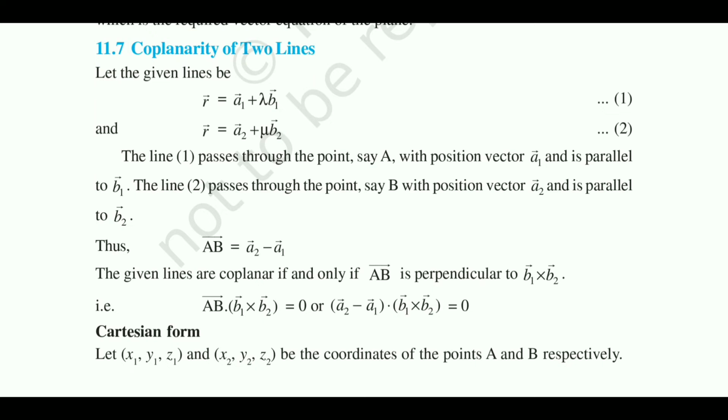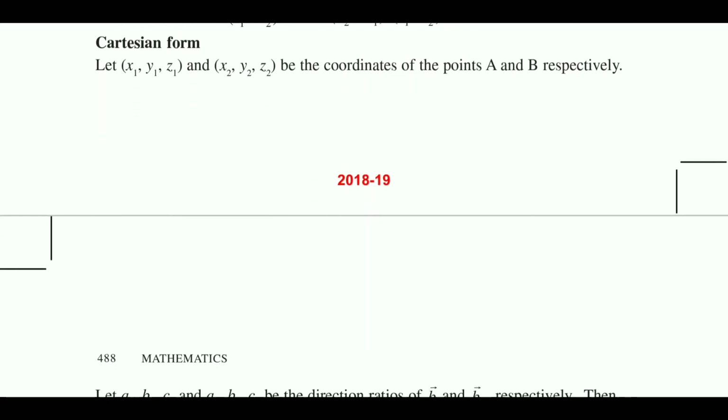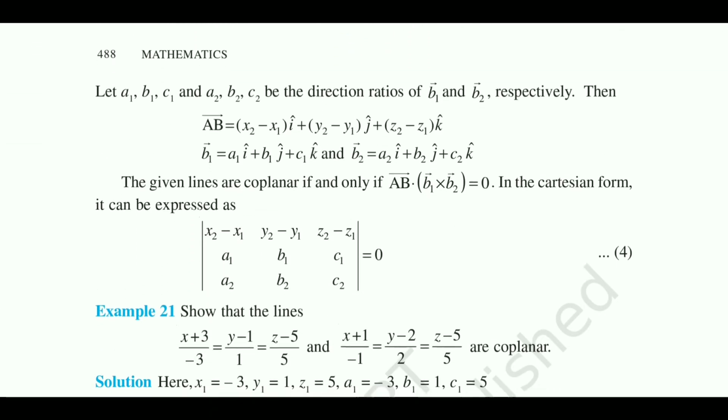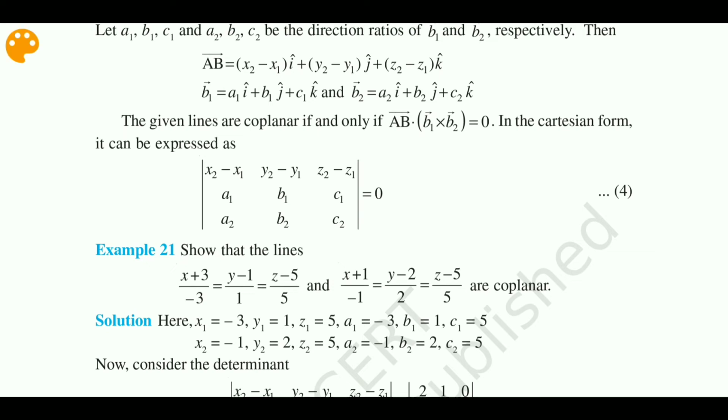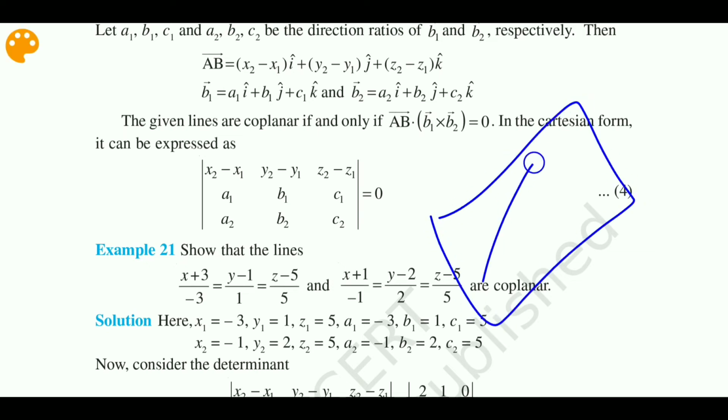Now, coplanarity of two lines. When will two lines be coplanar? Coplanar means the lines are within the same plane. When the two lines are coplanar, the area between those two lines is 0. If lines are present in this plane, then they are coplanar.